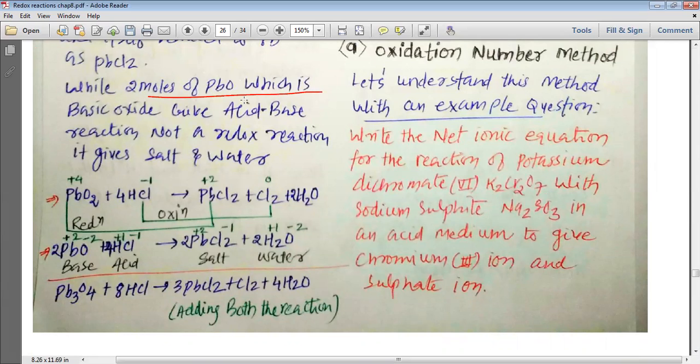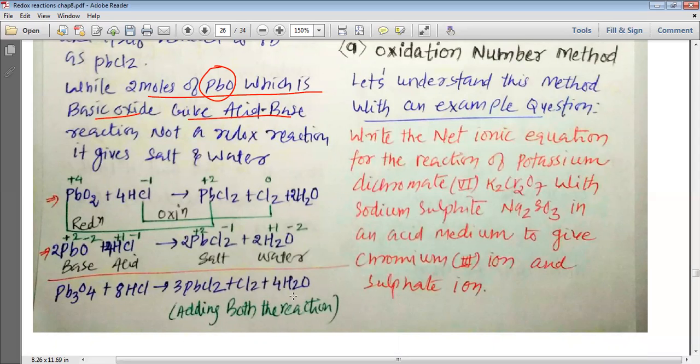While the 2 moles of PbO, which is a basic oxide, remember PbO is a basic oxide, give acid-base reactions and not redox reactions. Please remember that PbO, when it reacts with HCl, gives an acid-base reaction and not a redox reaction.